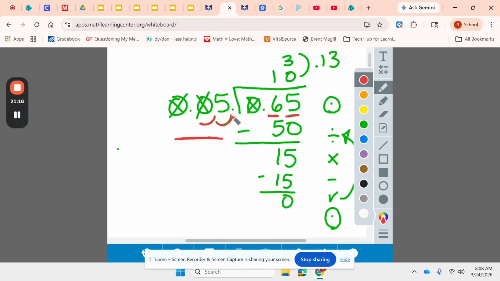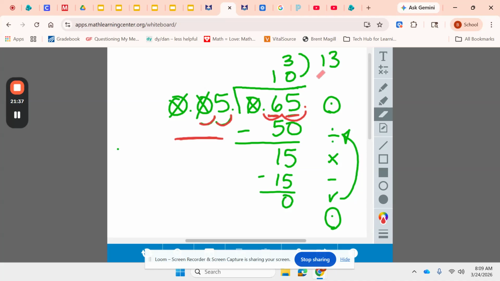So when I changed 5 hundredths, remember, whatever you do, fractions are division, and whatever you do to one part of the fraction, you must do to the other. So 65 hundredths should be changed. So this right here should be 65. Okay? Then the answer would just be 13 like I had it.